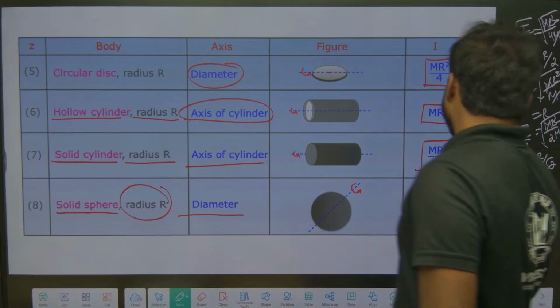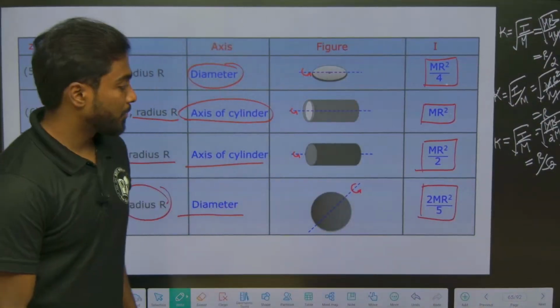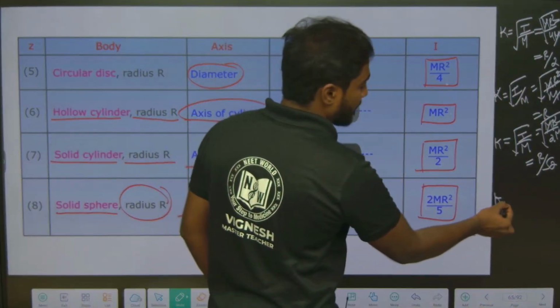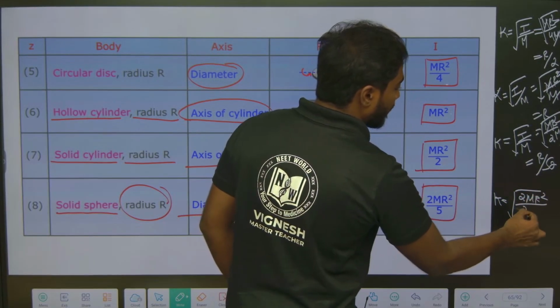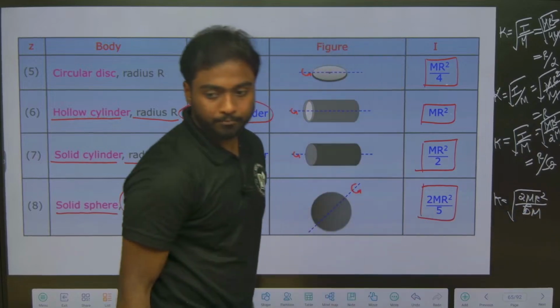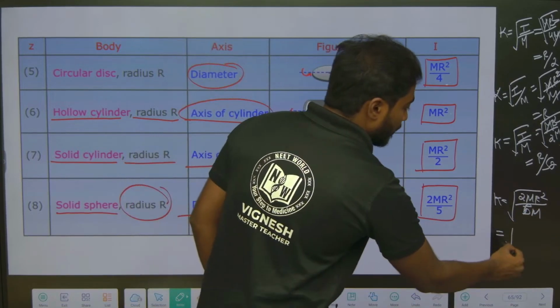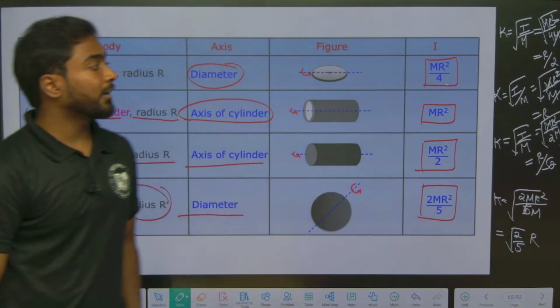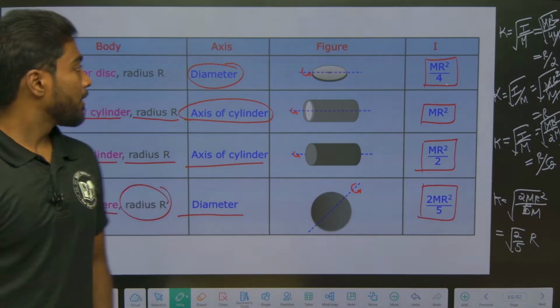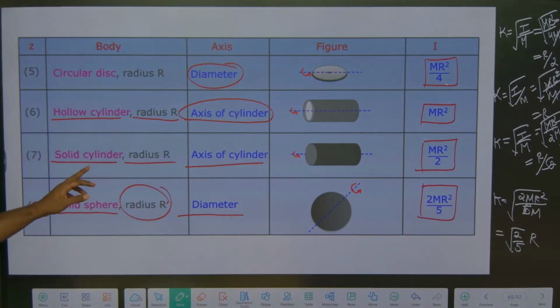So radius of gyration for the last case, what will be the answer? K will be equal to root over 2 mr square by 5 into m. So it is root 2 by 5 into r, the radius of gyration for the solid sphere.